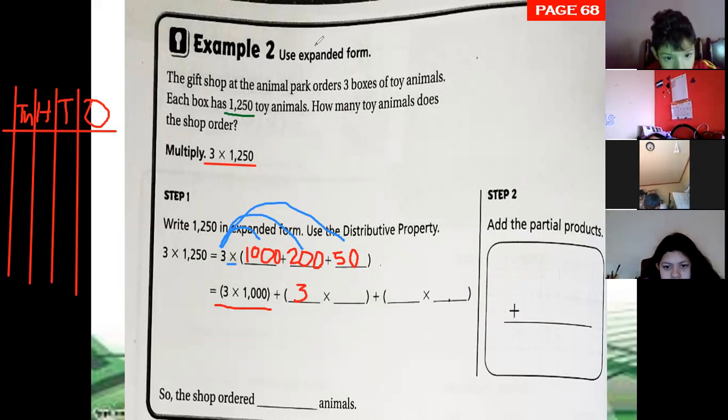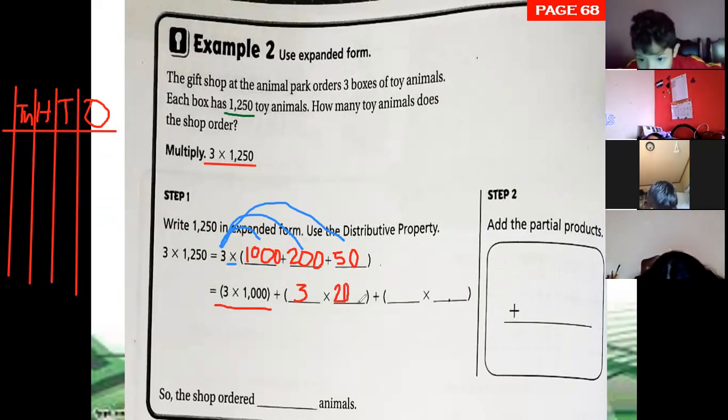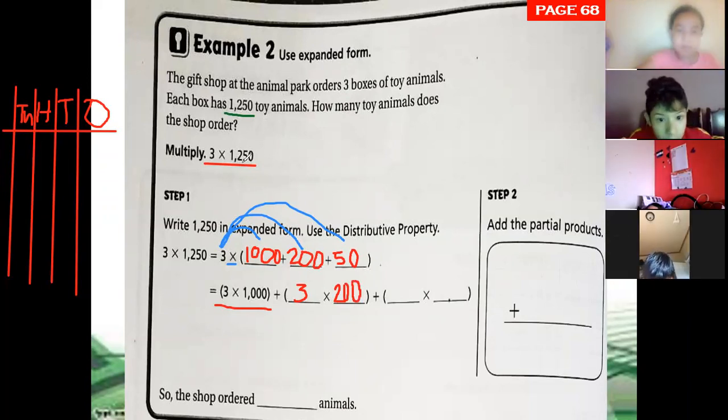So what is the second multiplication here? I already have 3 times 1,000. 3 times 2 only. Not 20, 200, exactly. Because this number 2 is in the hundreds position.